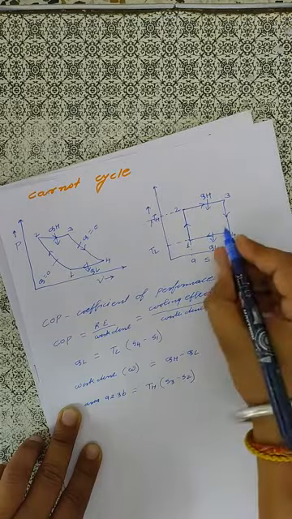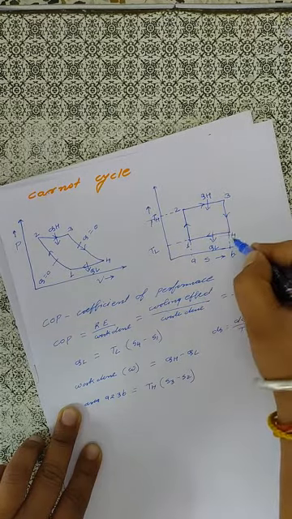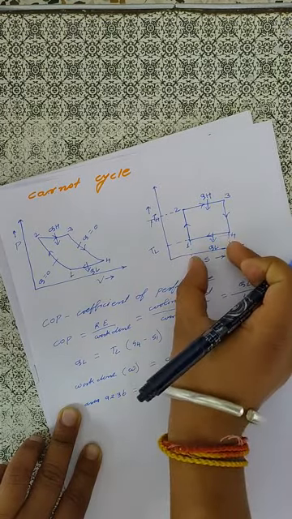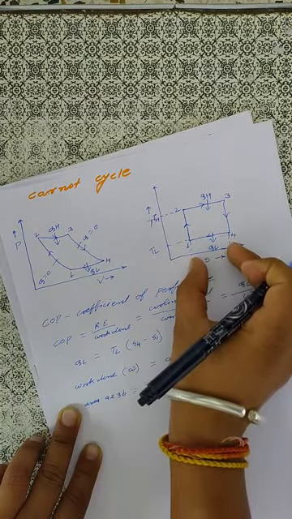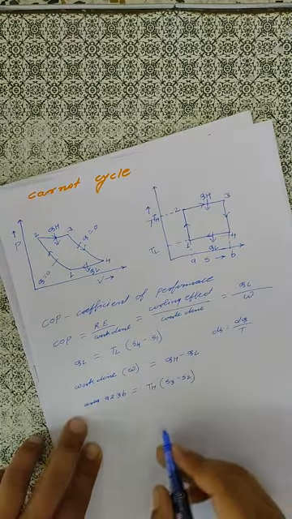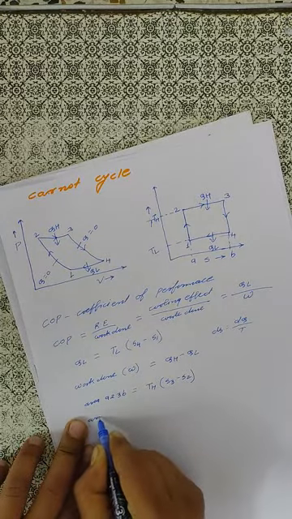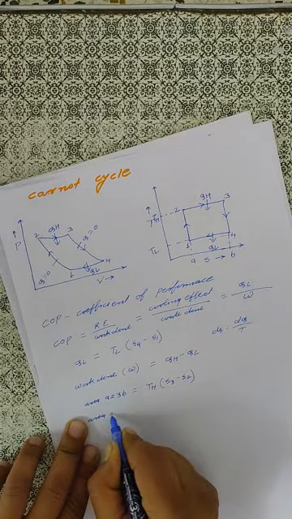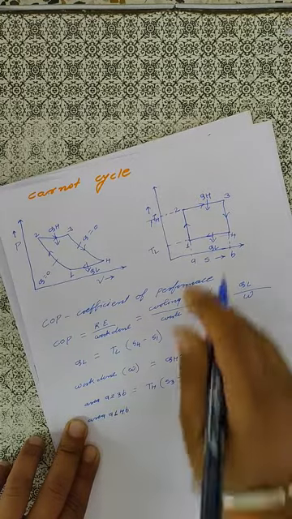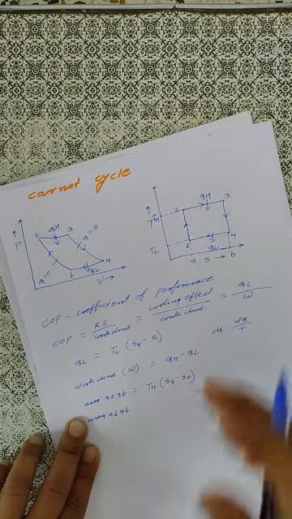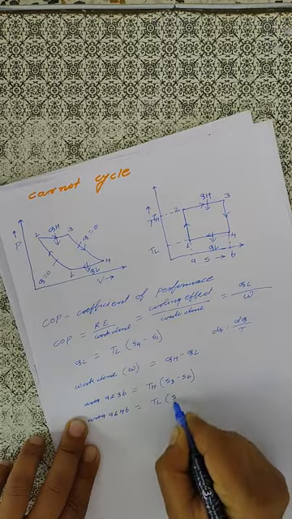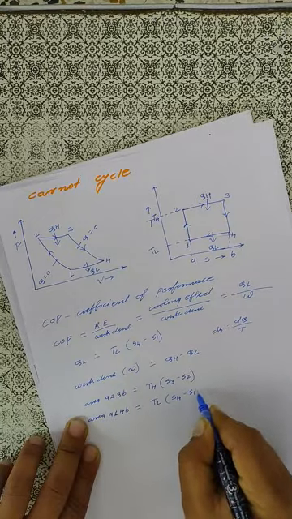You can write anything, because S3 equal to S4 and S2 equal to S1, because this length is nothing but the entropy difference, and this length is nothing but the temperature, that is TH. Now the area of A14B, this rectangle, is TL into S4 minus S1.